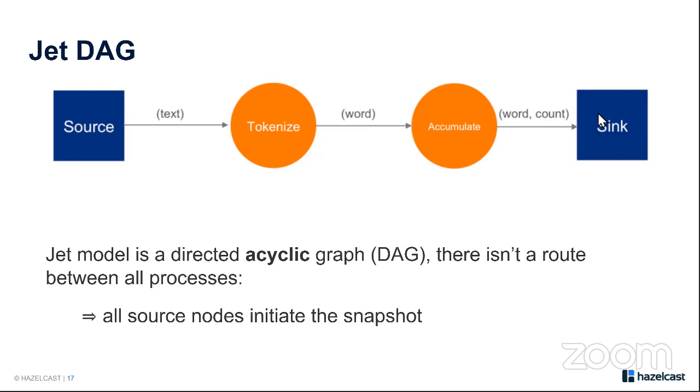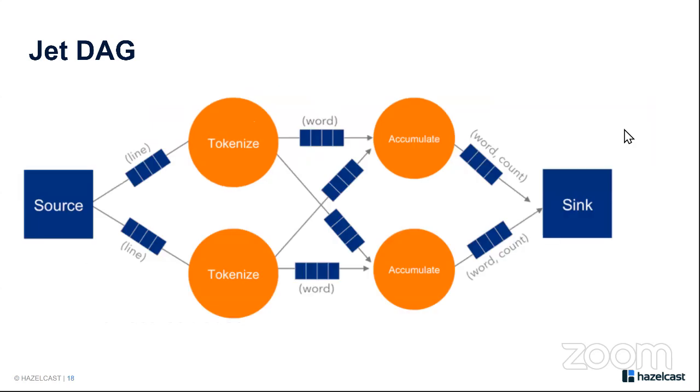Actually, I can maybe digress a bit. This is a word count computation. So the source is reading text files, tokenizing, splitting the text files into words, calculating word counts, and the sink writes it, let's say, to a file. So it's pretty straightforward. Under the hood, this DAG is more complex than what we've seen before.